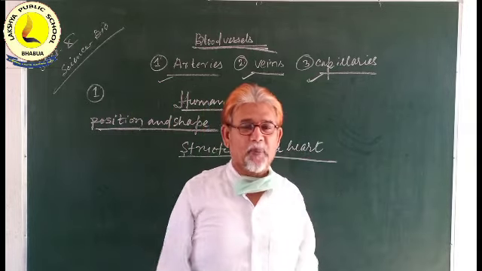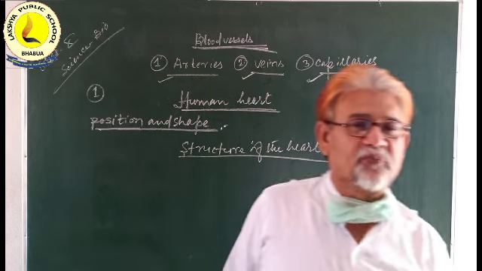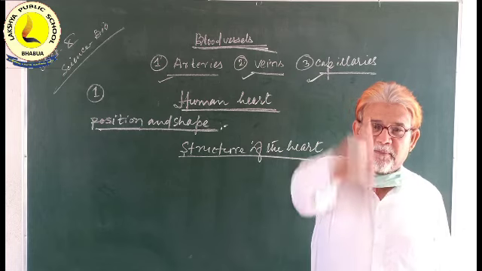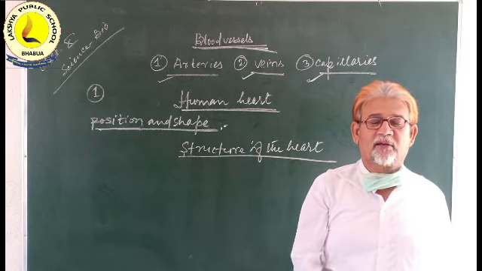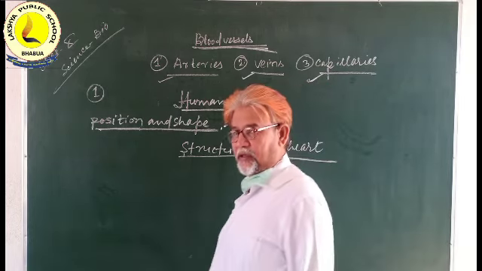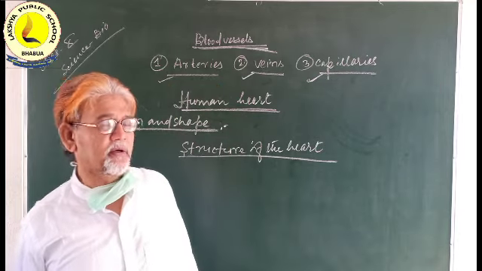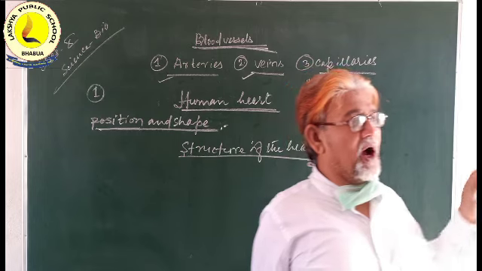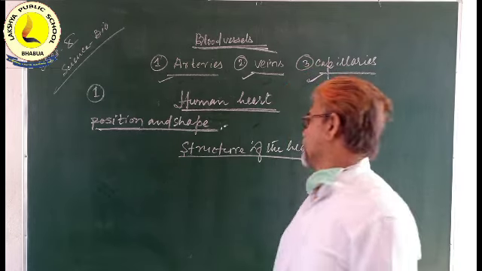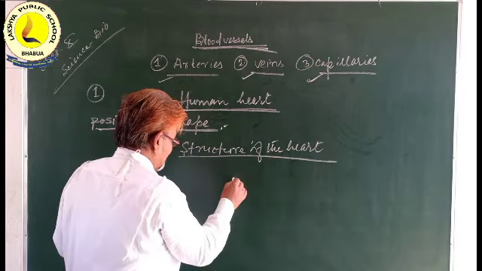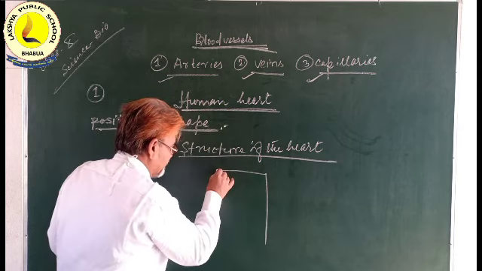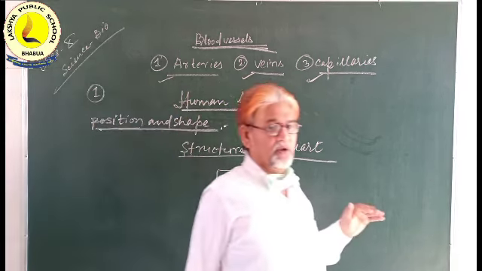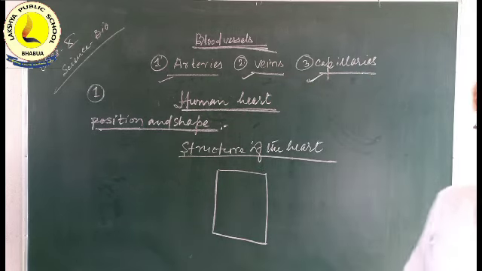In between the 2 auricles, to separate them, there is a membrane, a wall. And this wall is said to be what? Inter-auricular septum. Suppose this is a raw diagram, and through this diagram you can understand the structure of the heart.